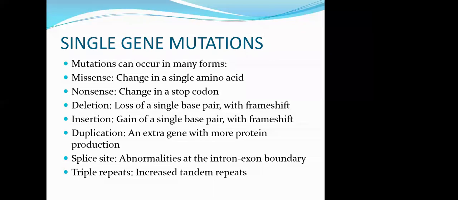So sometimes you find patients who have triple repeat mutations. At that end, there's a certain number of repeats required so that you know the chromosome is ending. But in triple repeat mutation, you find extra. These are not necessarily beneficial. You find some of them are associated with certain diseases, especially malignancies. Remember, these are going to affect certain proteins, and some of these proteins are implicated in, for example, malignancies. It's something that you need to go and read about.